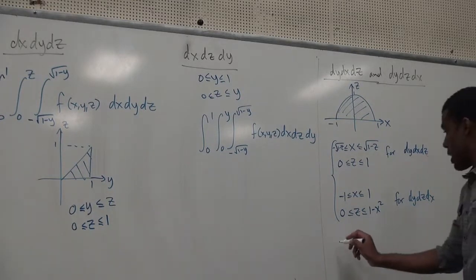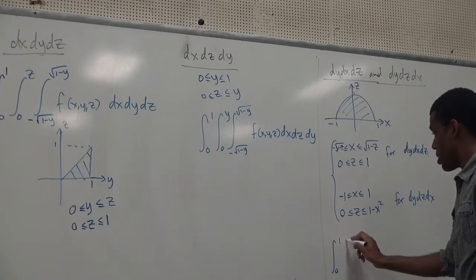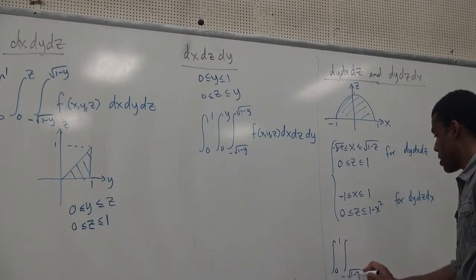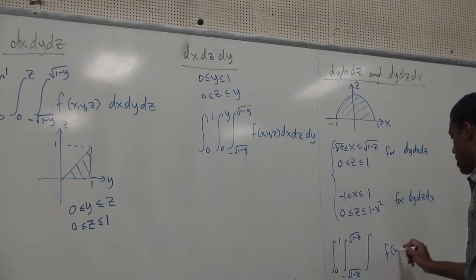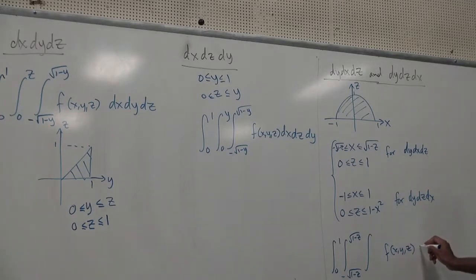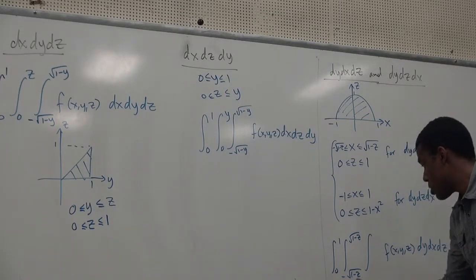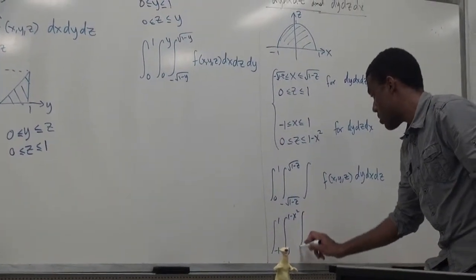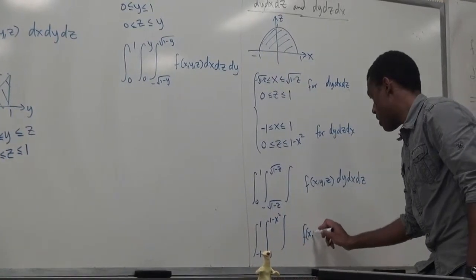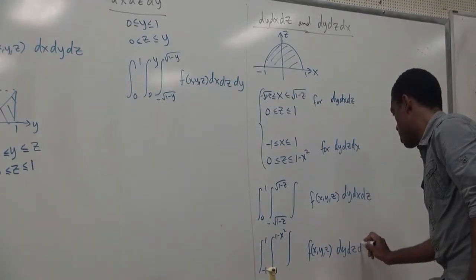And so I can set up the integral as, let's do this one first, z from 0 to 1, x from negative root 1 minus z to root 1 minus z, another integral of x, y, z. This would be dy dx dz. Or I can do x from -1 to 1, z from 0 up to 1 minus x squared, of x, y, z, dy dz dx.